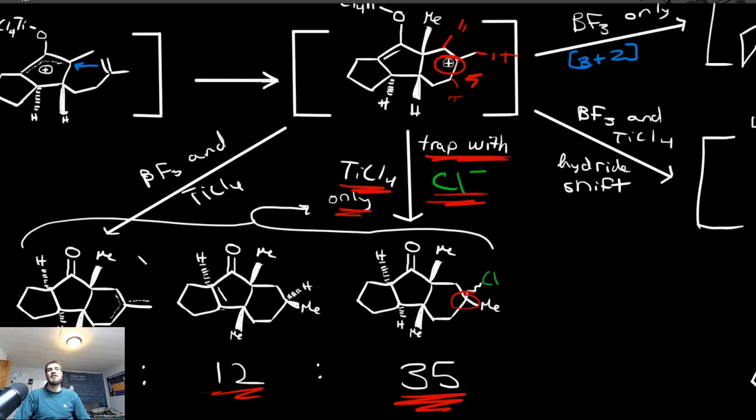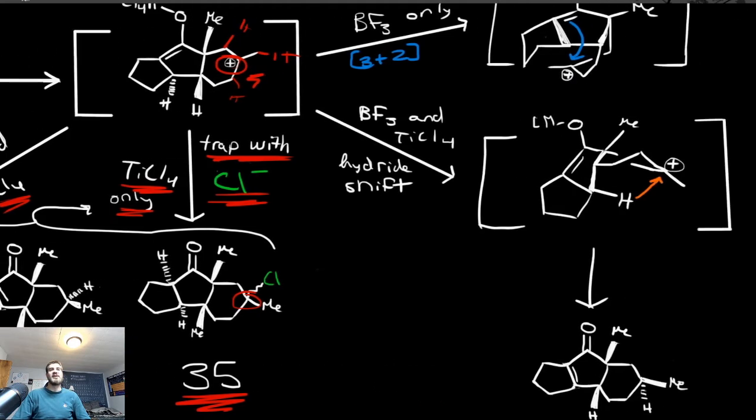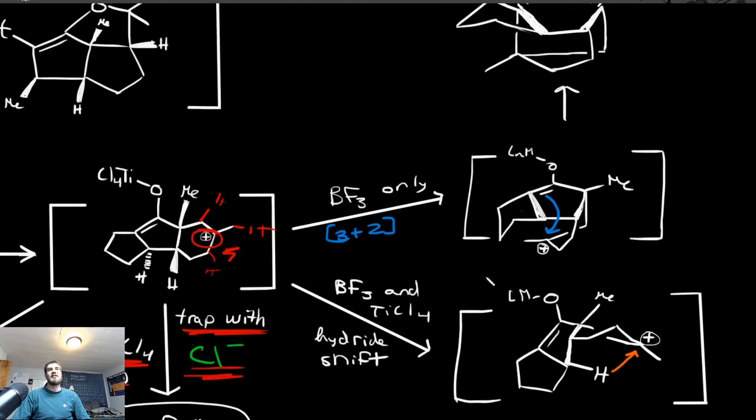They could make this one preferably by using a combination of boron trifluoride and titanium tetrachloride, and they got mostly this. Another case that they explored was using only boron trifluoride, and they got this.